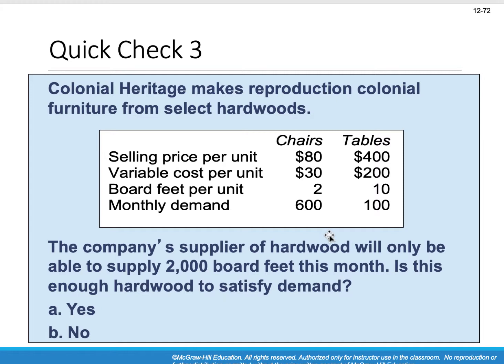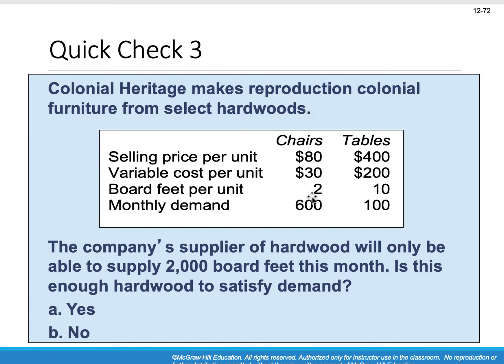Well, let's think about that. We make 600 chairs and we make 100 tables. For our chairs, we use 2 board feet. So that's basically 1,200 board feet just for chairs.